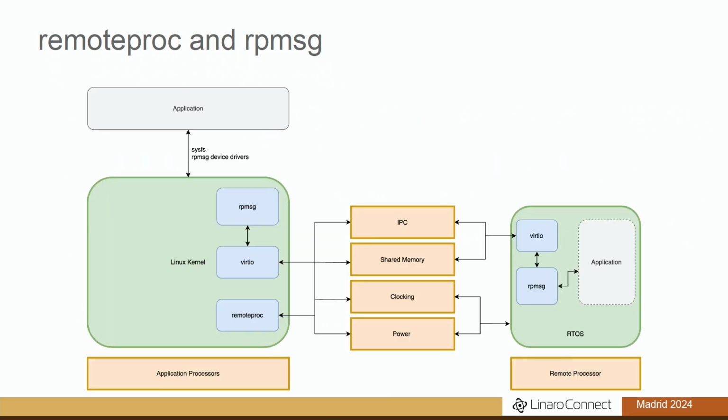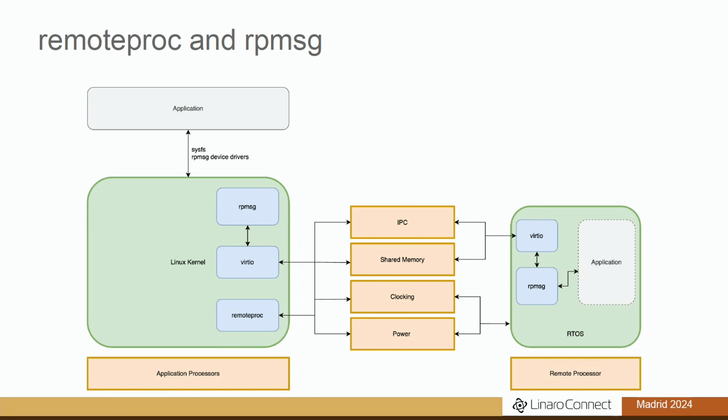So this is how remoteproc and RPMsg work. You can see remoteproc is just in the kernel, and it's using the hardware features to control the clocking and the power for the remote processor, talking to the shared memory using interprocessor communication, which could be a simple mailbox or some other more complex device.